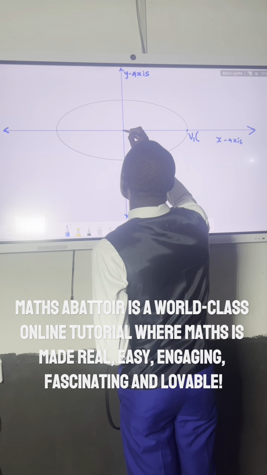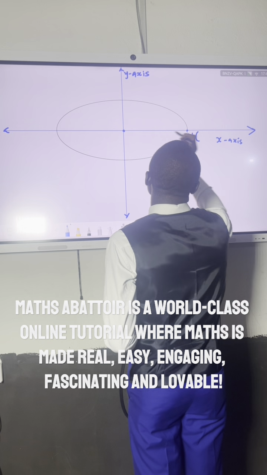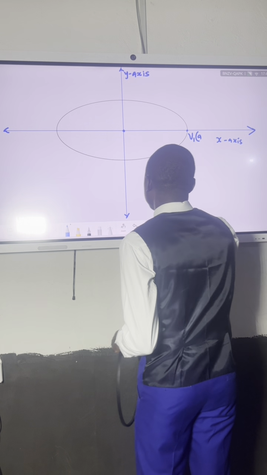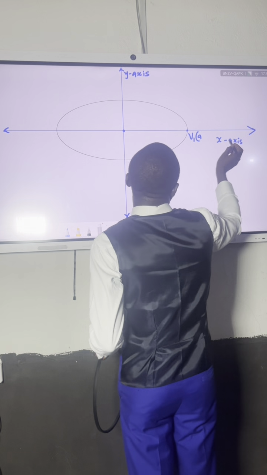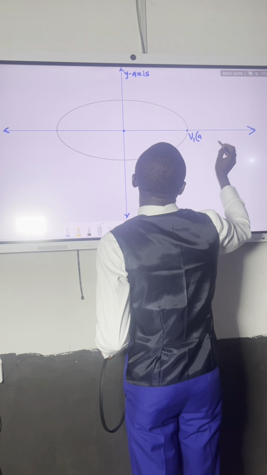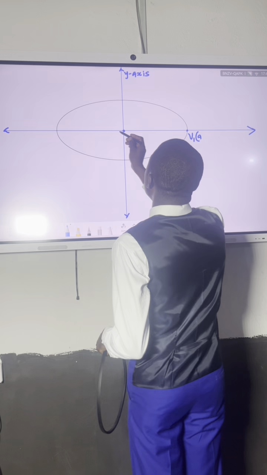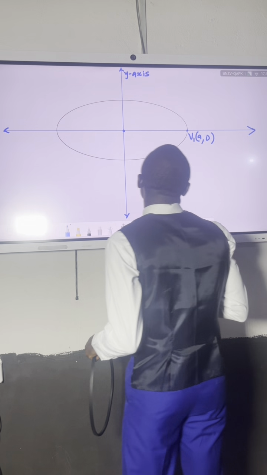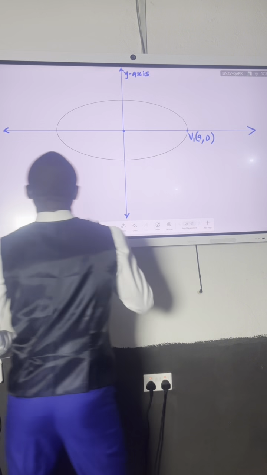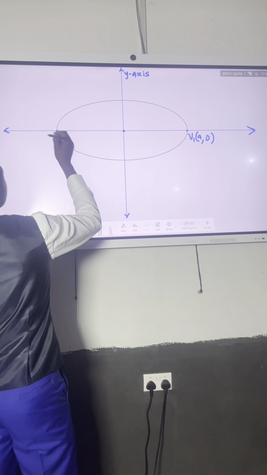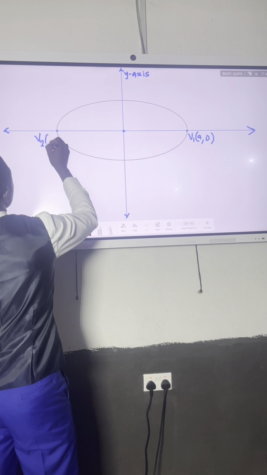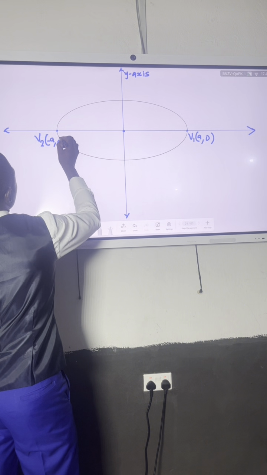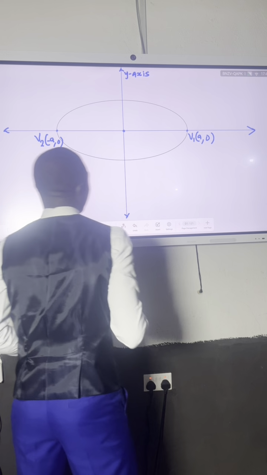If you measure from here, this is the center of the ellipse, and you move from here to this place, you have covered some A distance along the x-axis. Since it's along the x-axis, the y coordinate is 0. Here, the same way, this is V2, the coordinate is negative A and then 0. This is the second vertex.